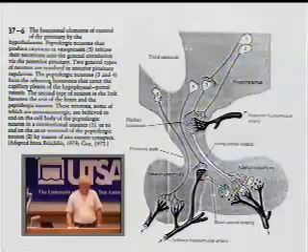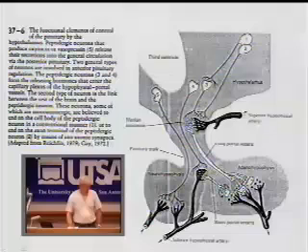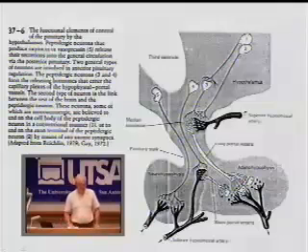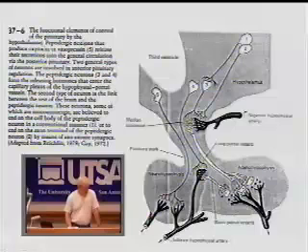The neurohypophyseal neurons that release in the neurohypophysis send their axons right through the pituitary stalk all the way down into the posterior pituitary to form the neurohemal junction. So the functional elements of control of the pituitary by the hypothalamus is what is being illustrated here.